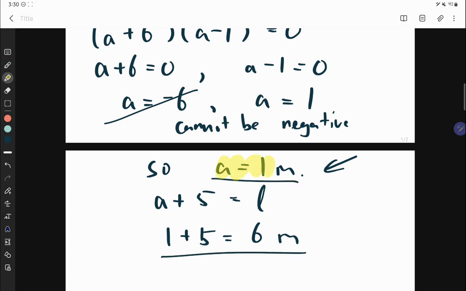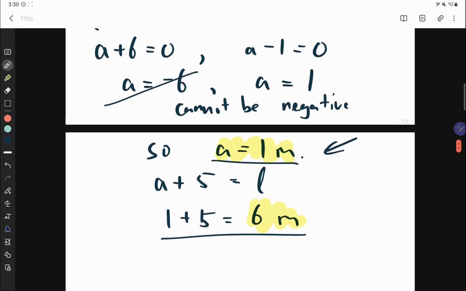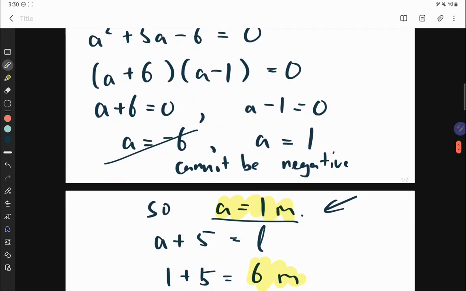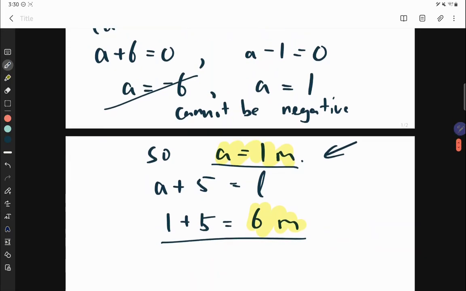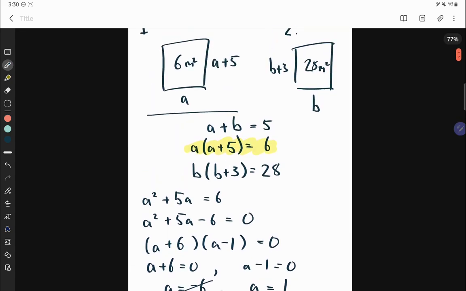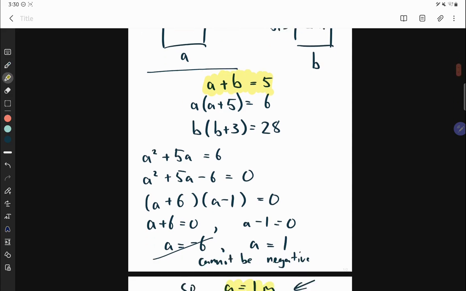So that's the length. Done. Now, we can do the quadratic thing again, but since we've been told that the sum of widths is 5, if I add these two widths together from these two plots, they come out to 5.